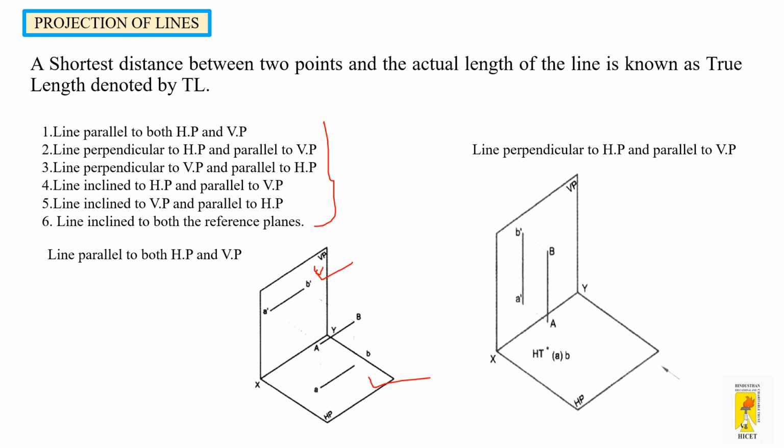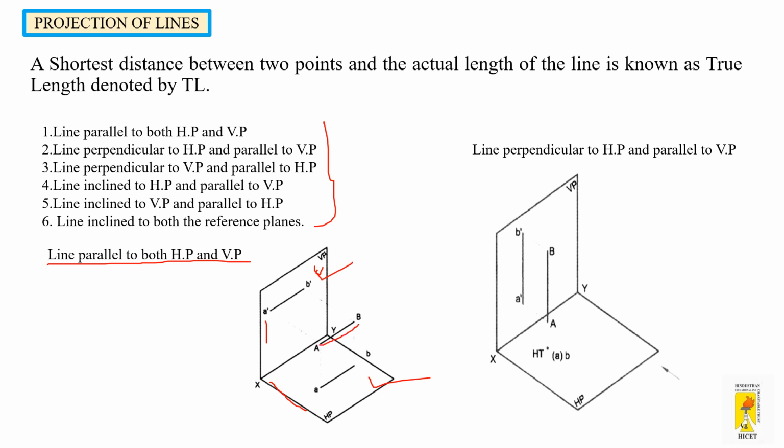So first we'll see the line parallel to HP and VP. You can see in this diagram that you have a vertical plane and a horizontal plane. This is the horizontal plane and this is the vertical plane. And you have a line placed between these planes, parallel to both planes.